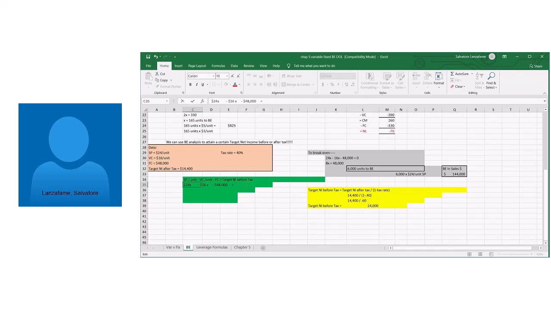But anyways, let's put 24,000 in the spot and go ahead and finish the math. 24 minus 16, that's 8x, minus the 48,000. Again, going slow here. You might be able to skip some steps if you know what you're doing.